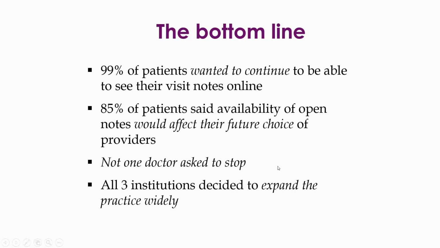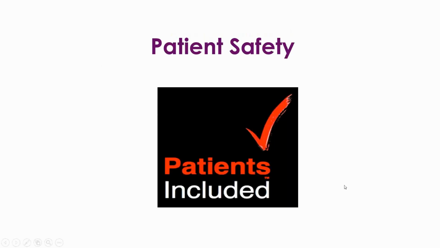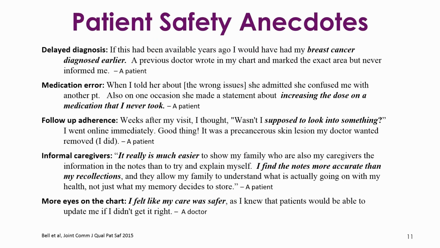On the next slide, our sense is that there is a patient safety aspect to this as well that's difficult to capture in surveys in a quantitative way. But in the next slide, we see some of the reports we're getting from patients that point to potential improvement in patient safety. Delayed diagnosis: if this had been available years ago, I would have had my breast cancer diagnosed earlier.